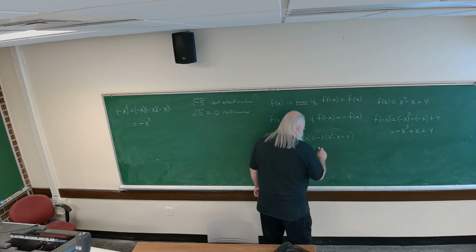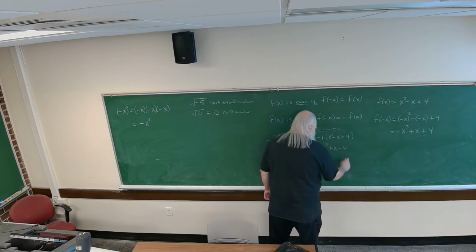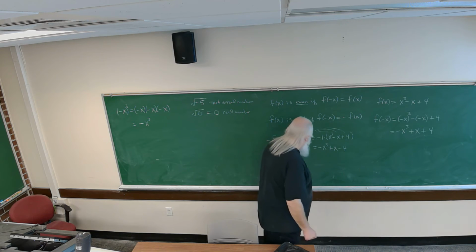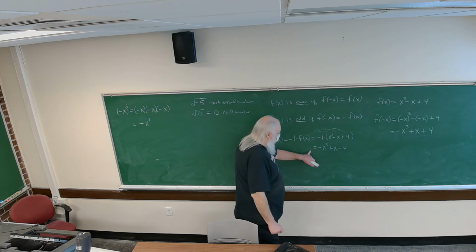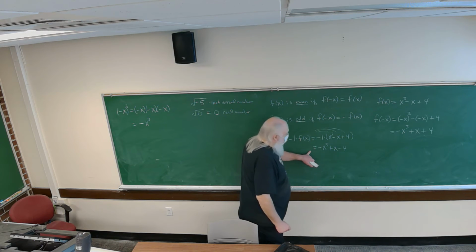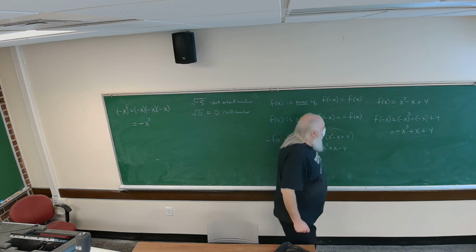Minus 1 times x cubed is minus x cubed. Minus 1 times minus x is plus x. And minus 1 times plus 4 is minus 4. That's what the negative of f of x looks like. Does this look like the negative of f of x? No.